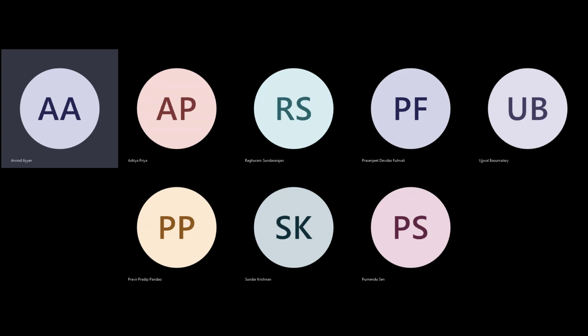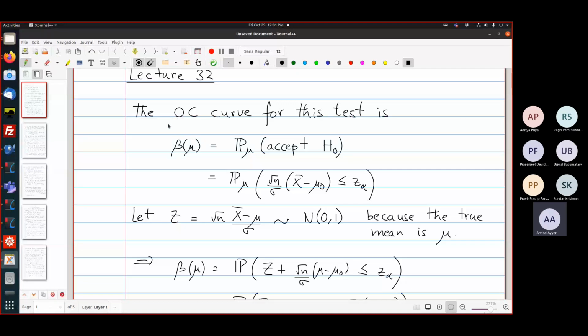But you know, oh sorry, I'm not sharing. Okay, sorry, let me go back to sharing. So at the beginning of today's class, we computed this beta mu, which is the probability of accepting H naught given mu is this.